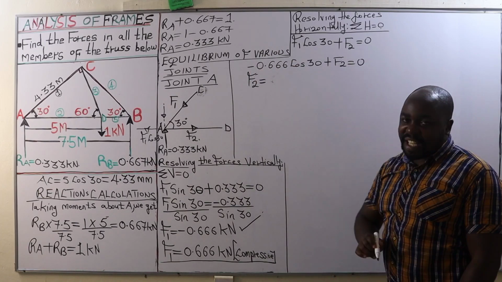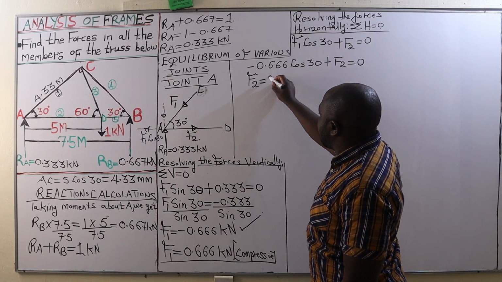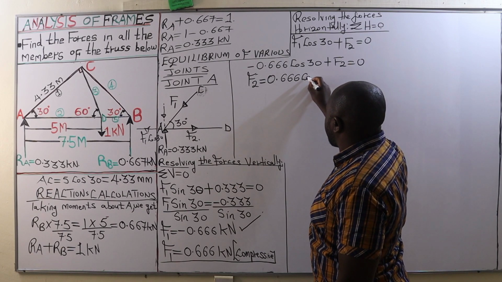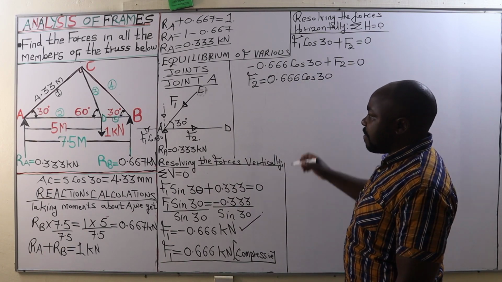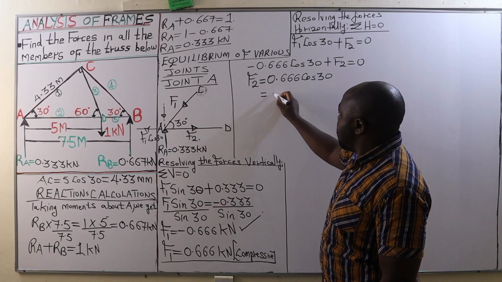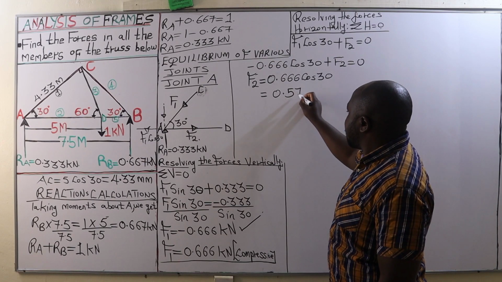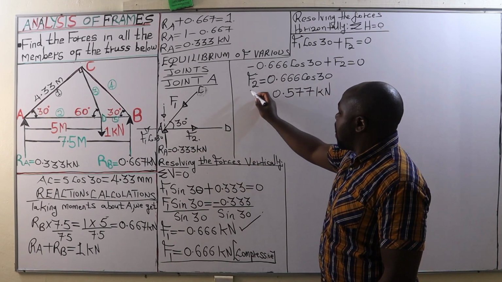Therefore, F2 equals 0.666 cos 30, and that is 0.577 kilonewtons.